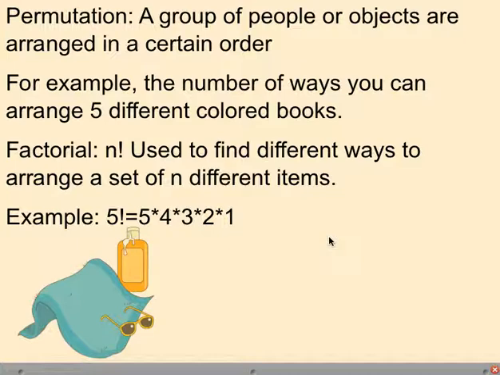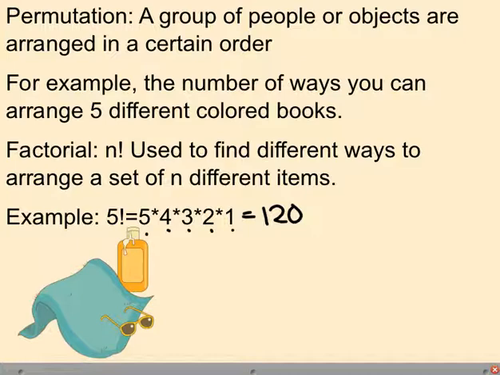So for example, if I have 5 factorial, that means I have 5 times 4 times 3 times 2 times 1. We multiply all that out, we end up with 120. So if we have these 5 different colored books, we have 120 different ways of arranging them.